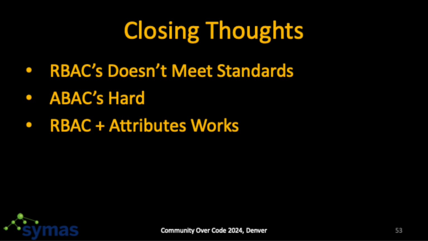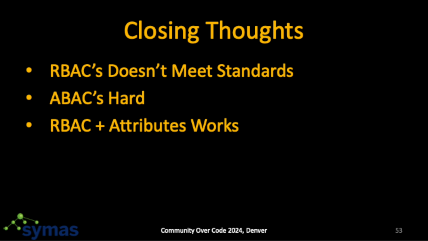Okay, so closing thoughts. Really, my whole thing on RBAC is it doesn't probably solve all your problems. In fact, I wouldn't be standing here if it did. But I would say that every system needs at least RBAC. So that's one thing that I tell you. Another thing that I think is, ABAC's hard.